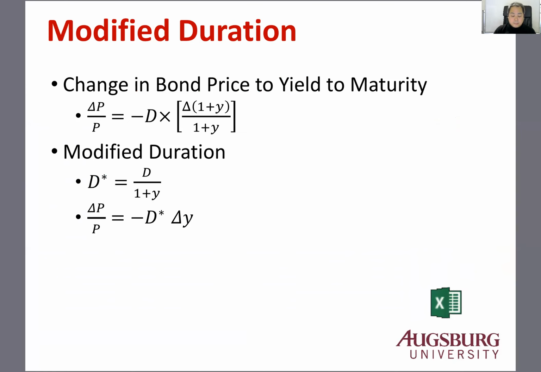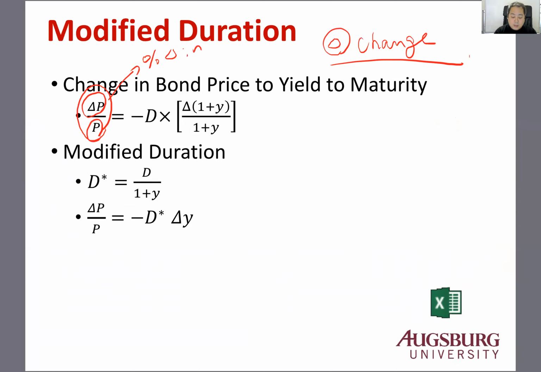That's what we'll see. From the formula here, delta is a change. So delta P divided by P, the price change divided by P, is the percentage change in price, right?